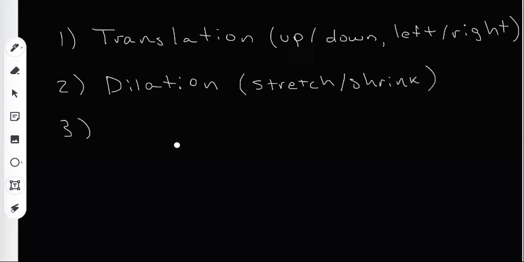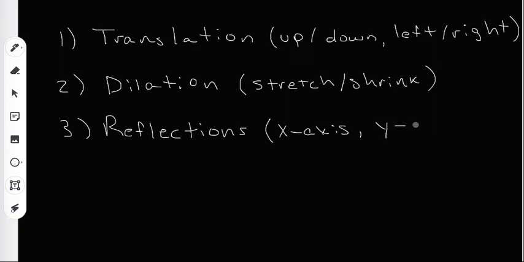Okay, so the third type of transformation is going to be the reflections. So you can reflect a function over a line, and it could be any line, but we're going to focus on the x-axis and the y-axis today. So you could reflect something about the x-axis, or you could reflect something about the y-axis.